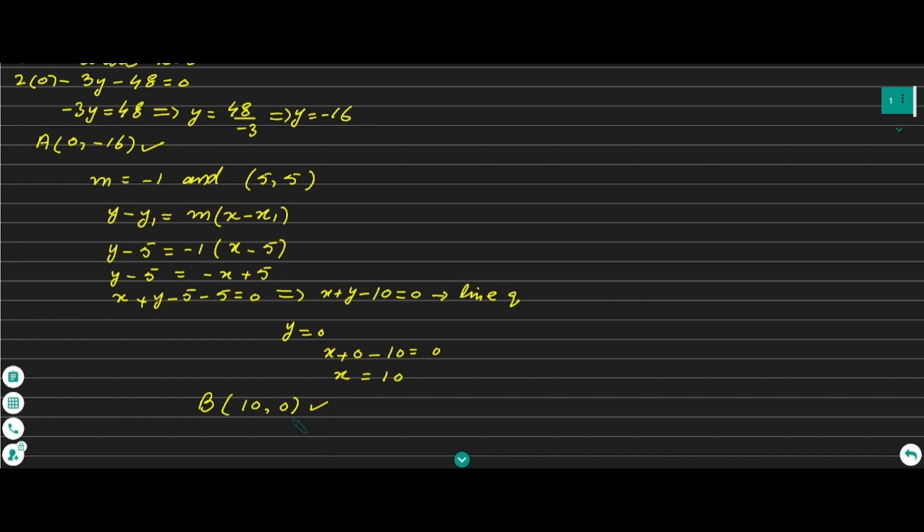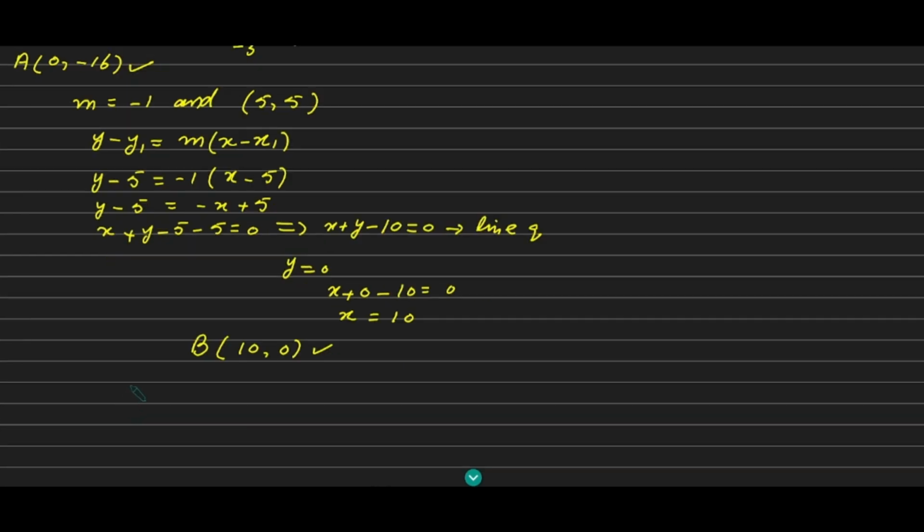So now we will find the gradient of line AB. Suppose A is x1, y1, which has coordinates 0, minus 16, and we say x2, y2 equal to 10, 0.